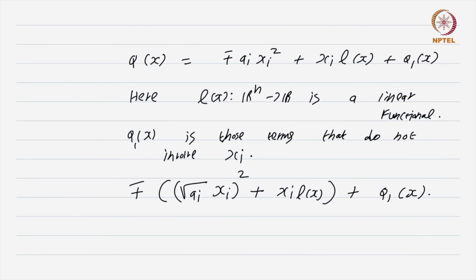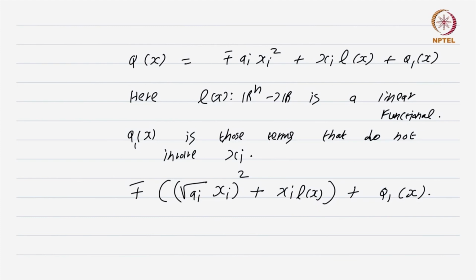What I want to do is write this term as a perfect square. So I need to add and subtract something to make this into a perfect square, and what I need to add and subtract is precisely L squared x by 4a. Think about why that is the case.